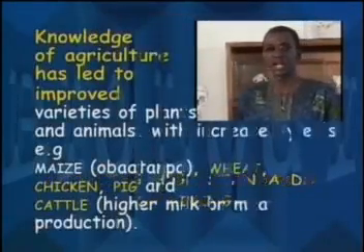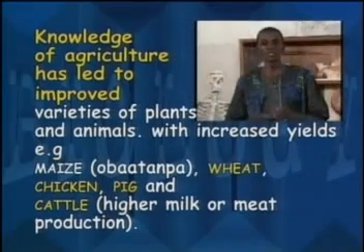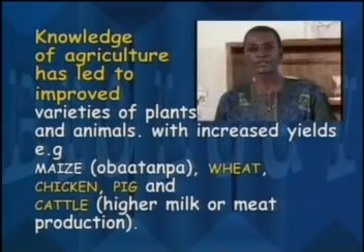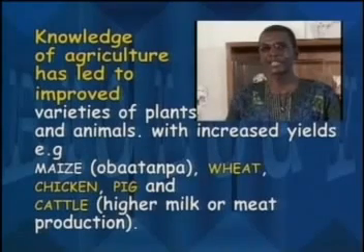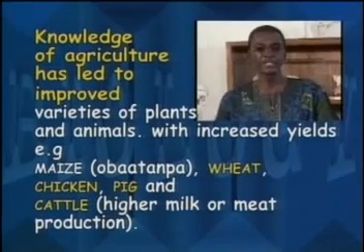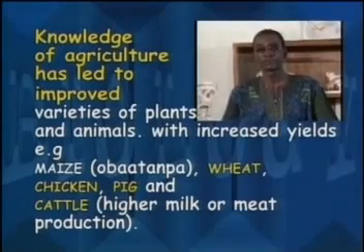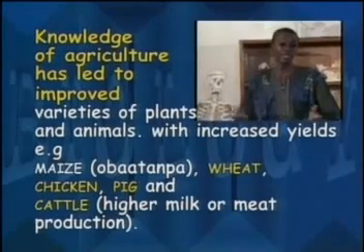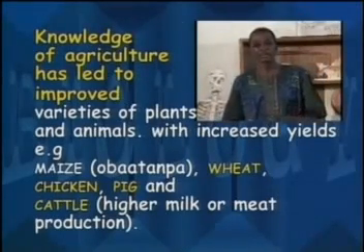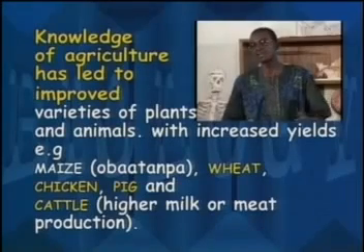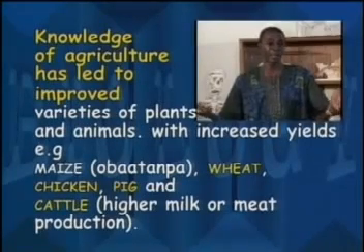Three, agriculture. Knowledge of agric has led to improved varieties of plants and animals with increased yields. Example, maize. Currently we have a fast breeding maize plant called Obatampa.